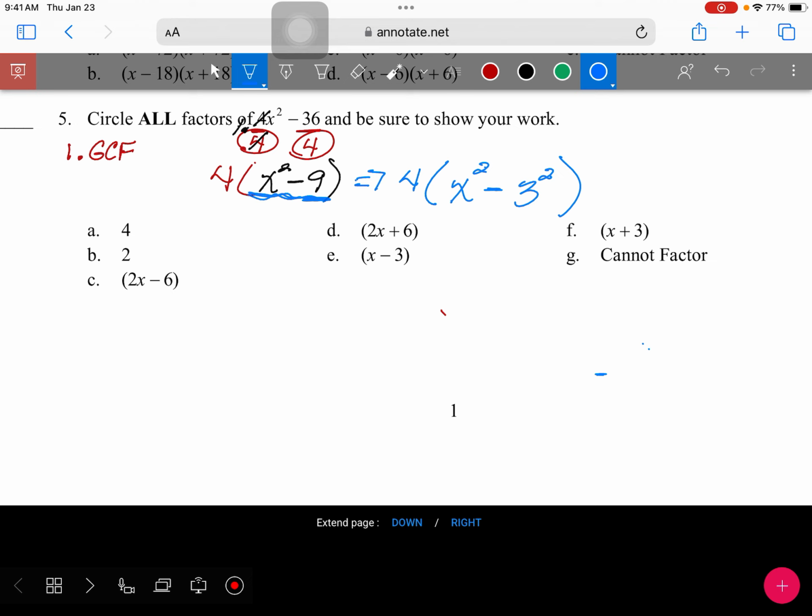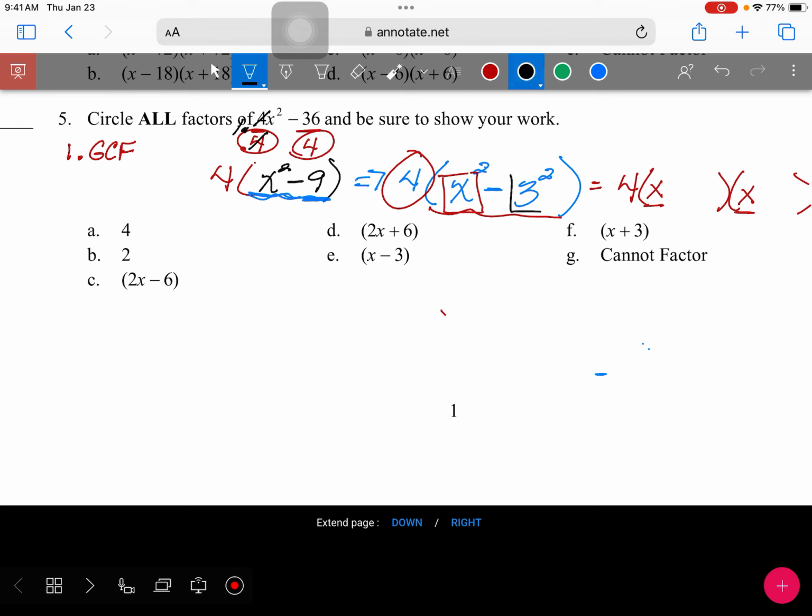The formula that you need to know when you are dealing with a difference of 2 squares is, first of all, here's my 4. I need to just carry that 4 along because we factored that out. This is the first term that is squared. That first term becomes the first term of both of your next factors.